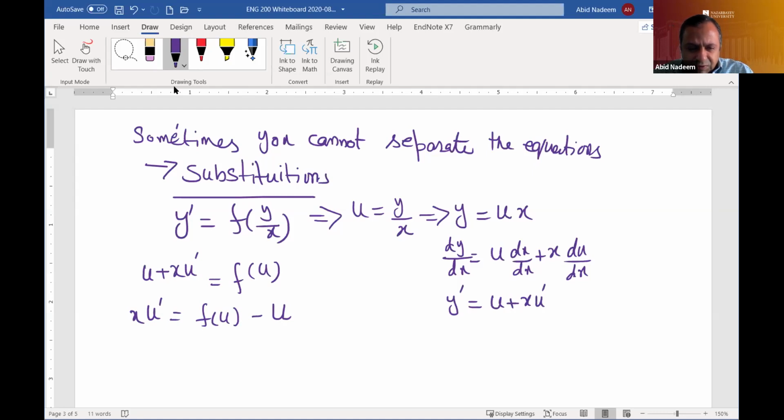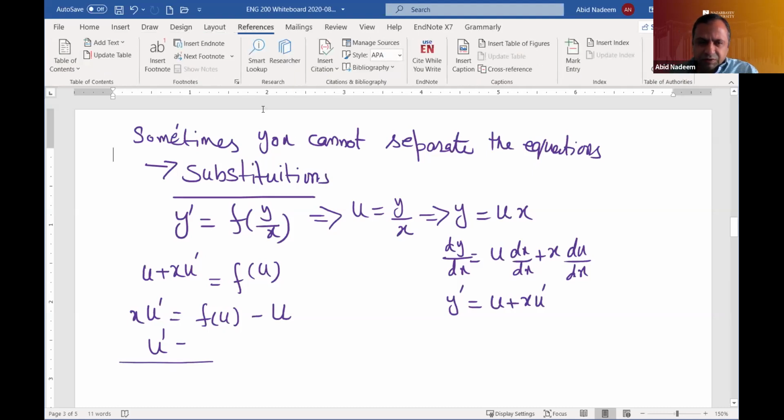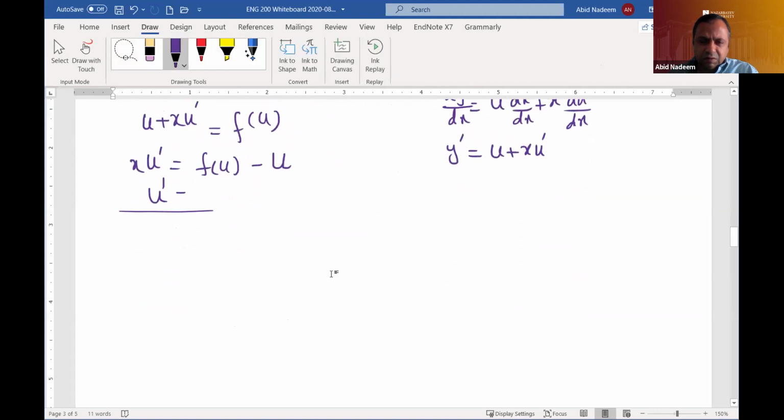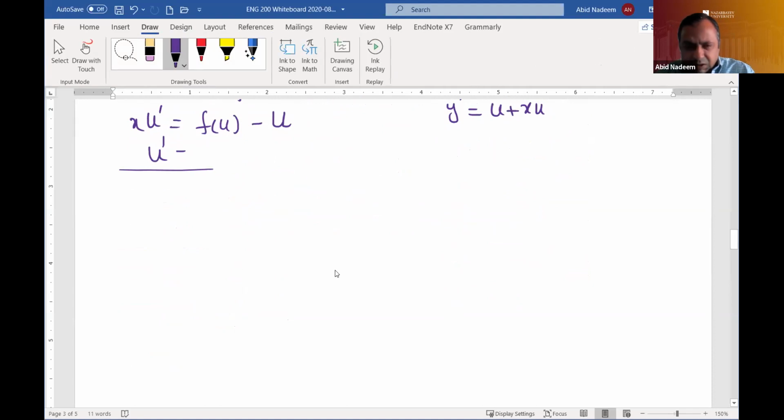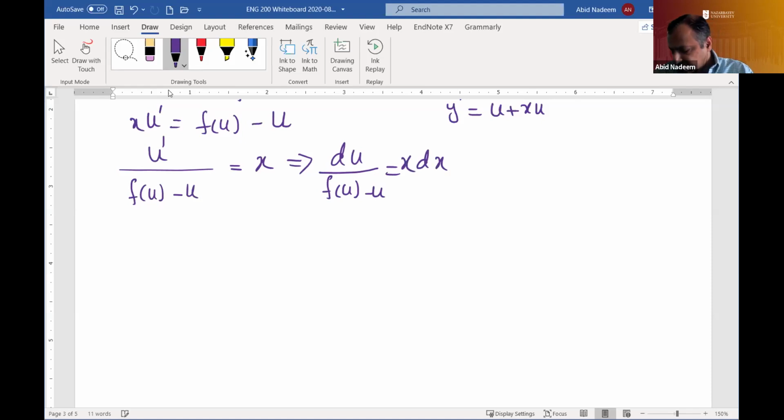And now I can represent it like this: u prime over f of u minus u will be equal to 1 over x. Or in other words, du over f of u minus u is equal to dx over x.